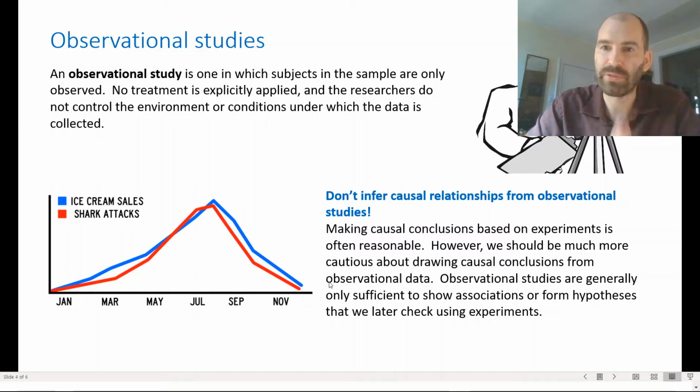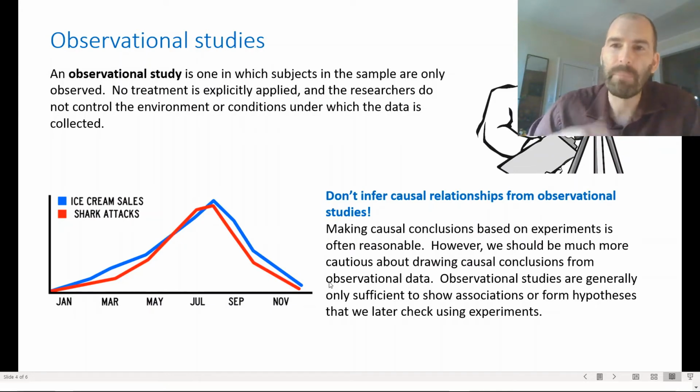If it's from an observational study, we have to be very skeptical, and we shouldn't infer that there's really a cause and effect relationship there. It might be cause to do more experimentation, do further study on it, and investigate it. So observational studies do have their use, but we should be very skeptical about drawing conclusions from them.